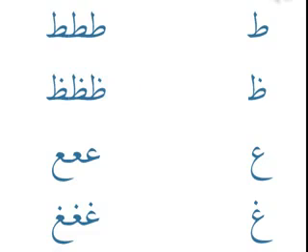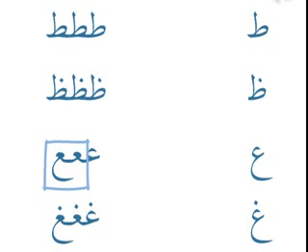The Ain and the Ghain are one of the more difficult ones to spot in written format because they change their shape quite substantially. The Ain, if we have a look at it, you drop the curve underneath when it's at the beginning of a word, but the middle and ending, you can see the top part of the Ain letter itself actually changes to these small sort of filled in curves.